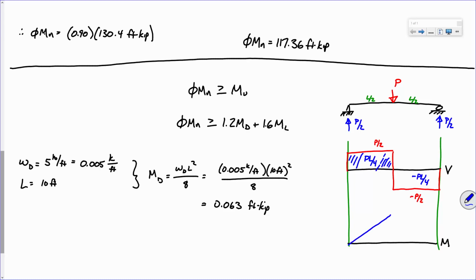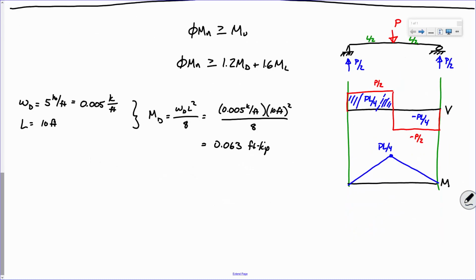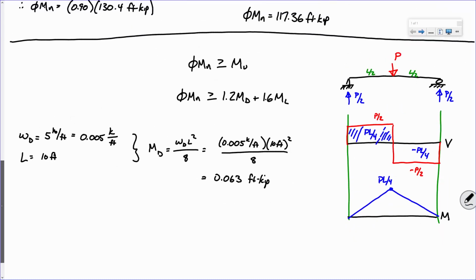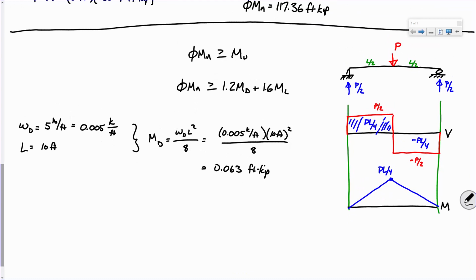So up to PL over 4, down, back to 0, right? Everybody remember that? So I propose that whatever moment value we solve for the live load, we're going to calculate the actual component or the moment due to that point load as PL over 4. And I'm doing P sub L because it's a live concentrated force. Everybody remember that? Any questions?